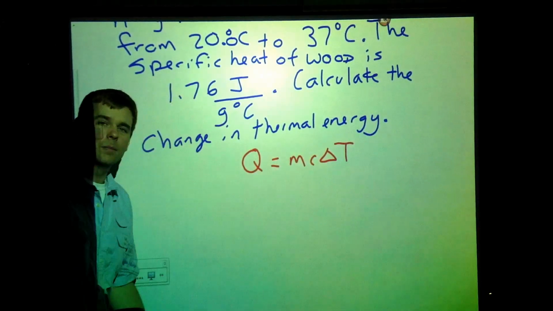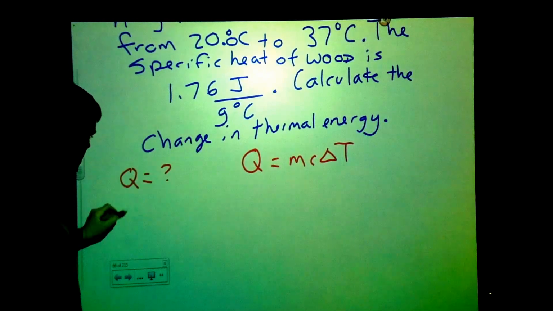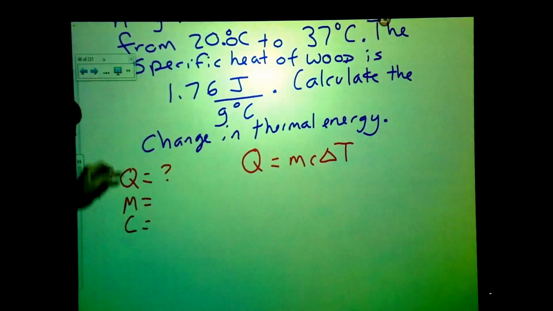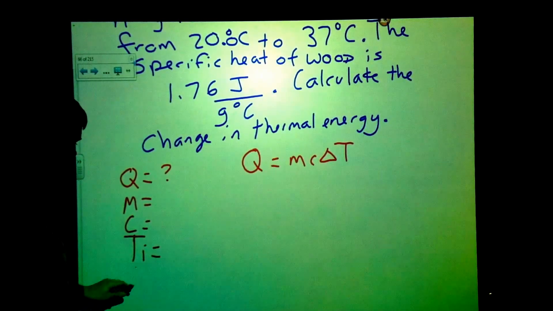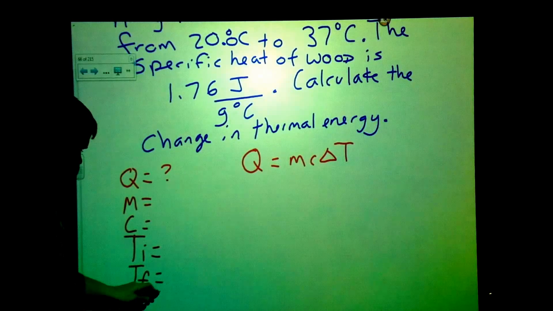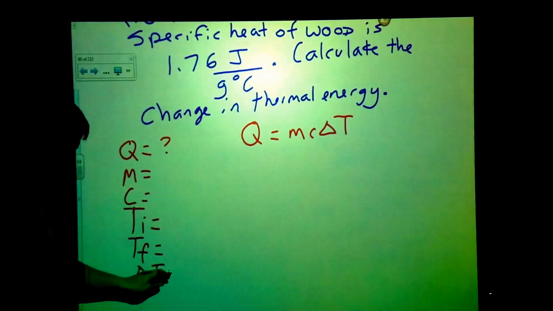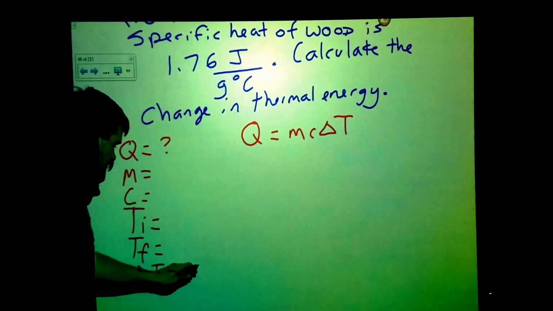On my left-hand side, I'm going to make a list of all my variables. Q, which I don't know. M, C, initial temperature, final temperature, and I'm going to add here change in temperature, which you get from subtracting initial and final, right?